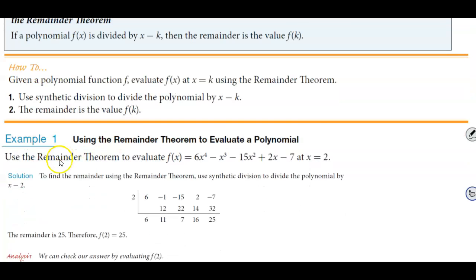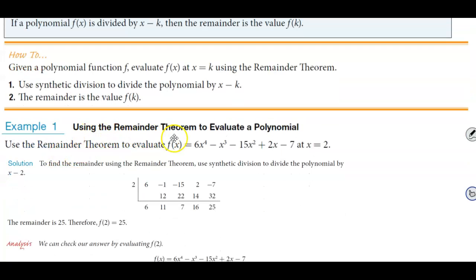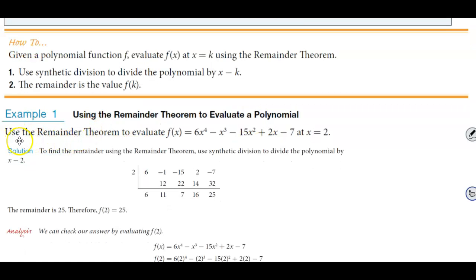So for example number 1, it's asking us to use the remainder theorem to evaluate this polynomial: 6x to the fourth minus x cubed minus 15x squared plus 2x minus 7 at x equals 2.